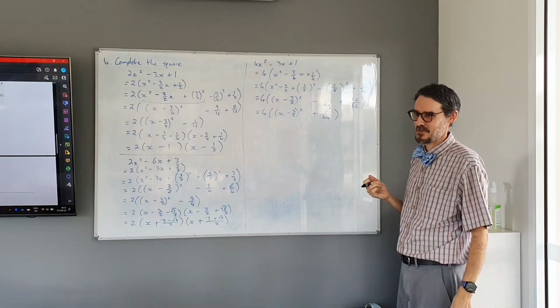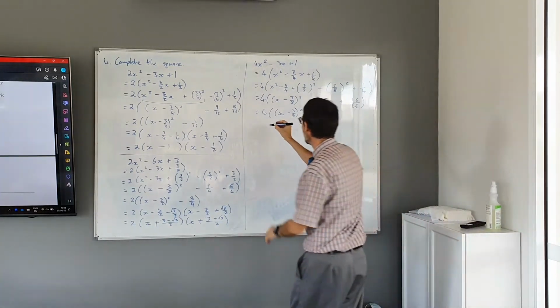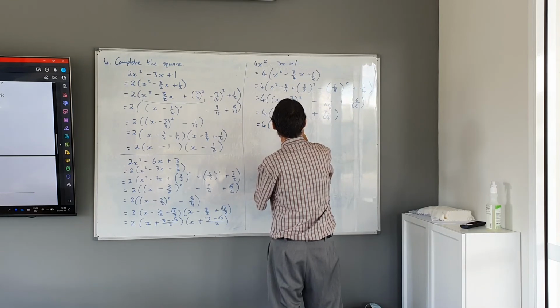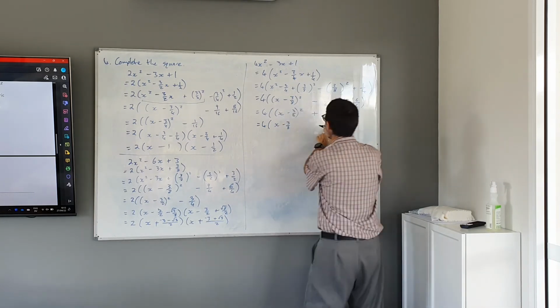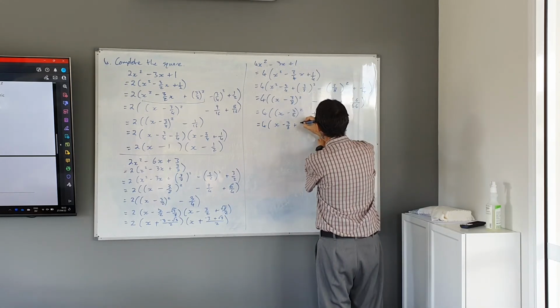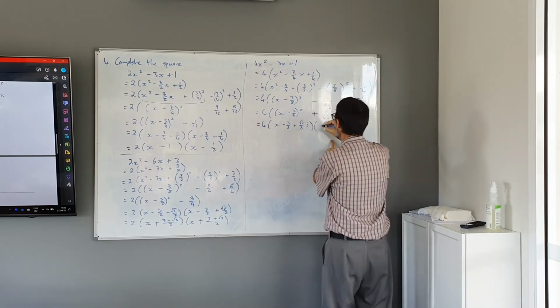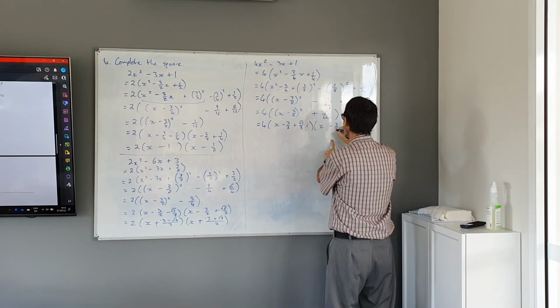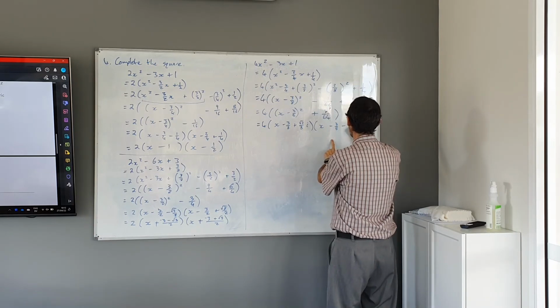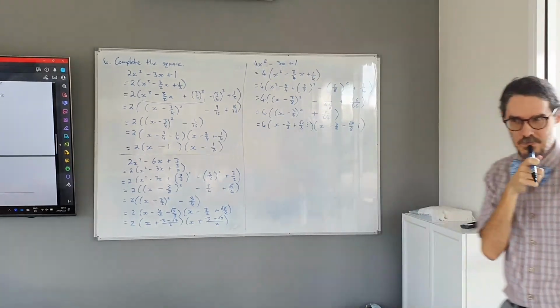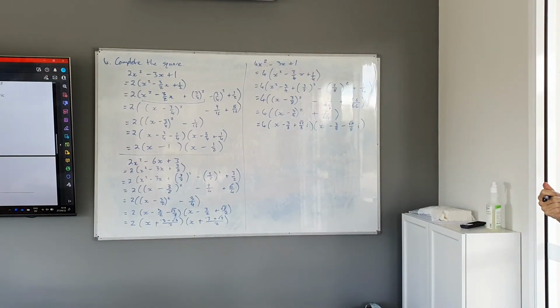I just need an i. x minus 3 on 8 plus root 7 on 8i, x minus 3 on 8 minus root 7 on 8i. And I factorise it to linear factors.